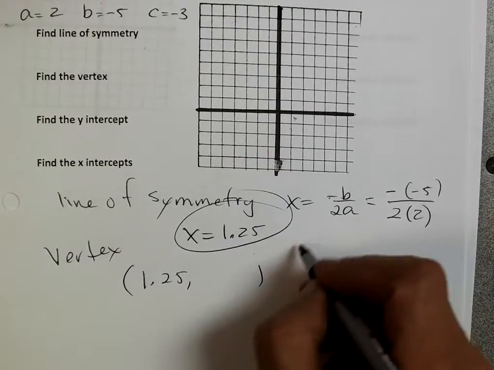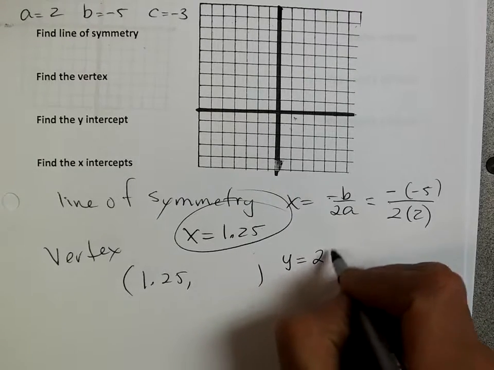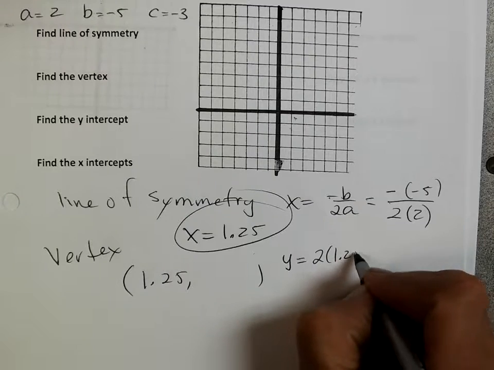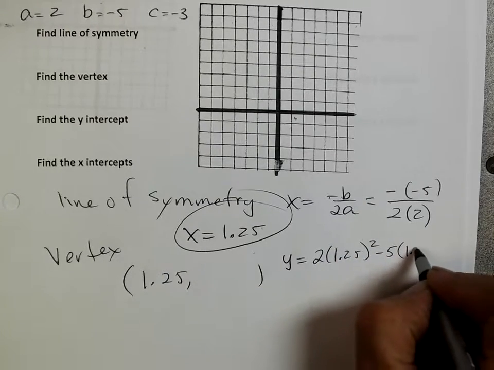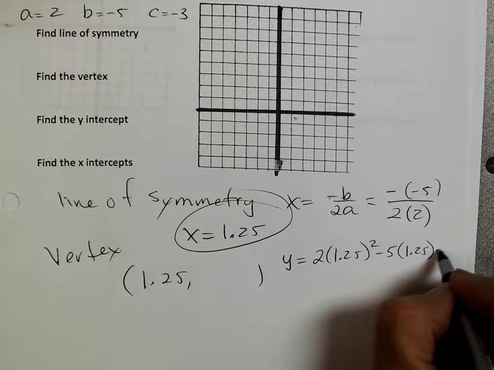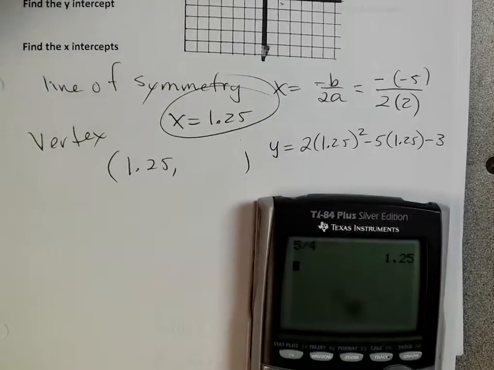I'm going to go y equals 2 times 1.25 squared minus 5 times 1.25 minus 3, and I'm going to use a calculator. Certainly, I do not need to do this by hand. Let the calculator do the work for me.